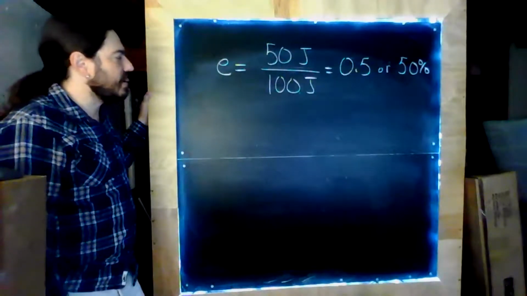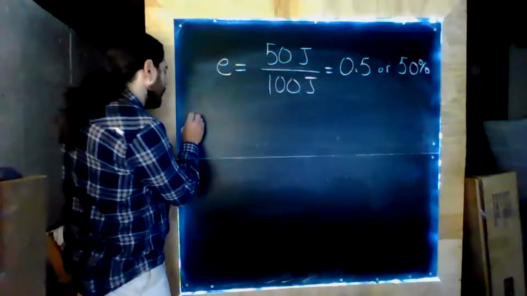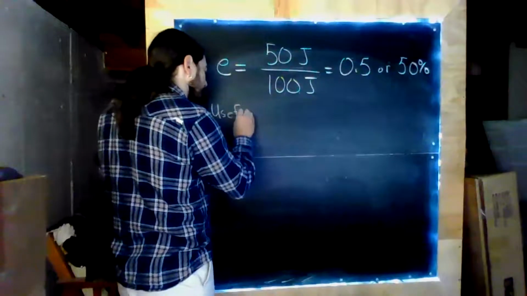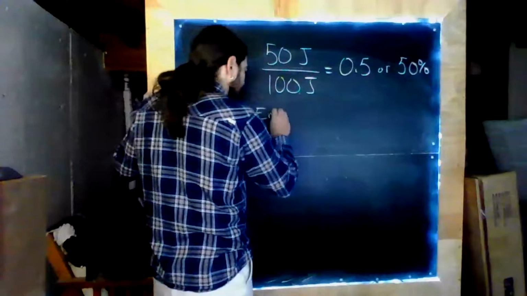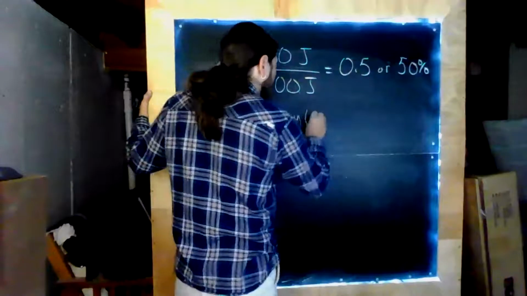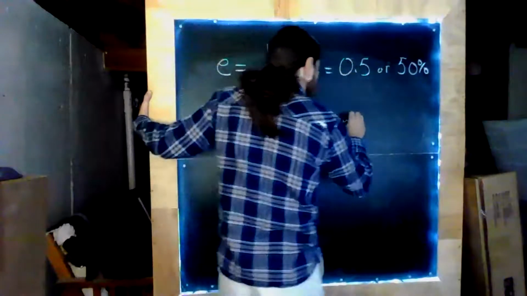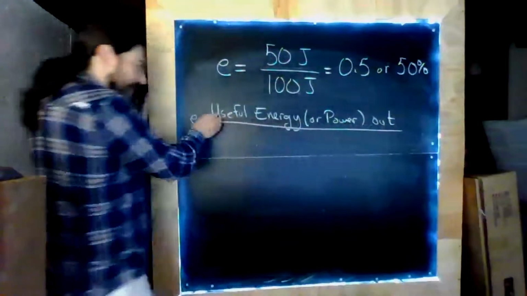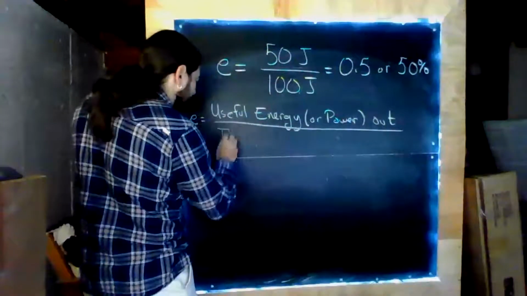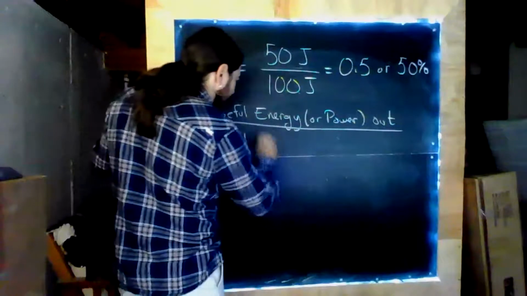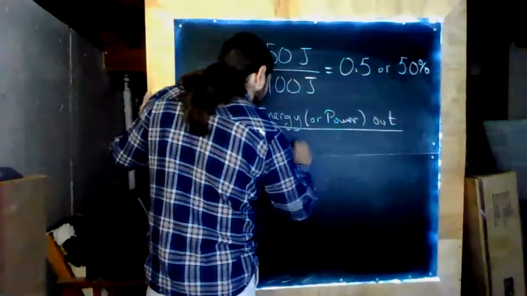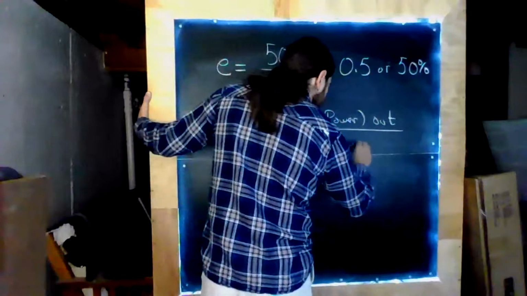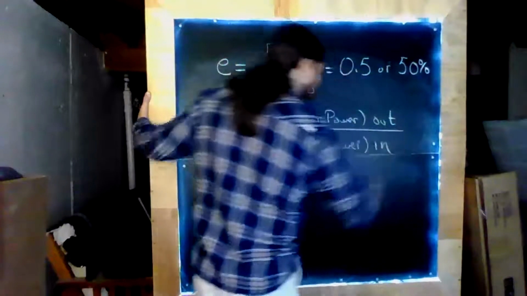Another way to think about this efficiency is useful energy or power out divided by total energy or power in.